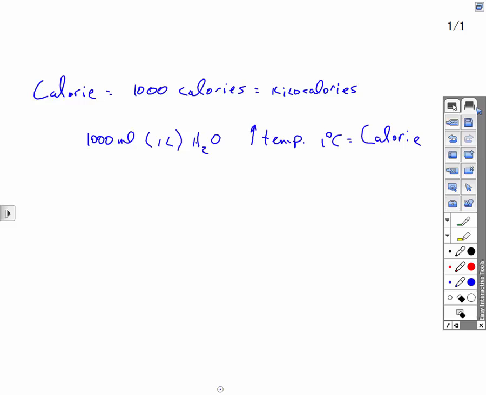If you have 1,000 mils of water, it takes 1,000 small c calories to increase the temperature by 1 degree Celsius. So anyway, they call that a capital C calorie.